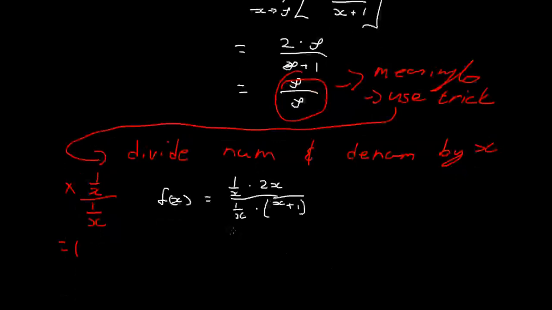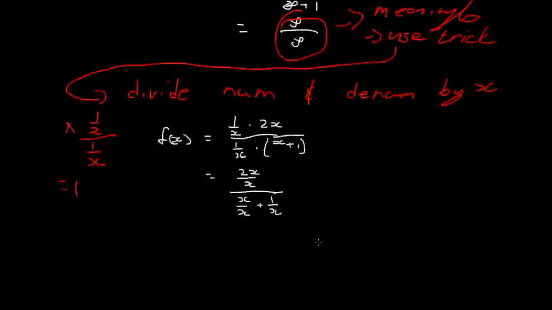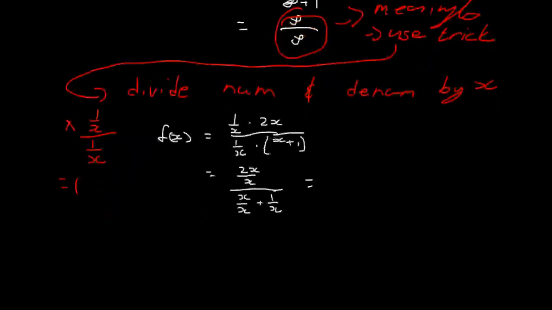So we haven't changed the equation in any way. So we can do it. So this is equal to 2x over x over x plus 1 over x. Okay. Which is then equal to 2x over x is 2 over x over x is 1 plus 1 over x. Right.